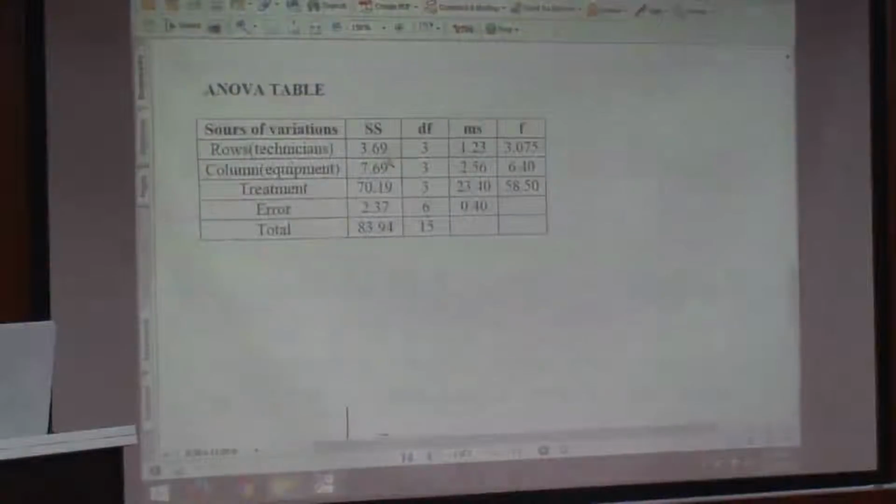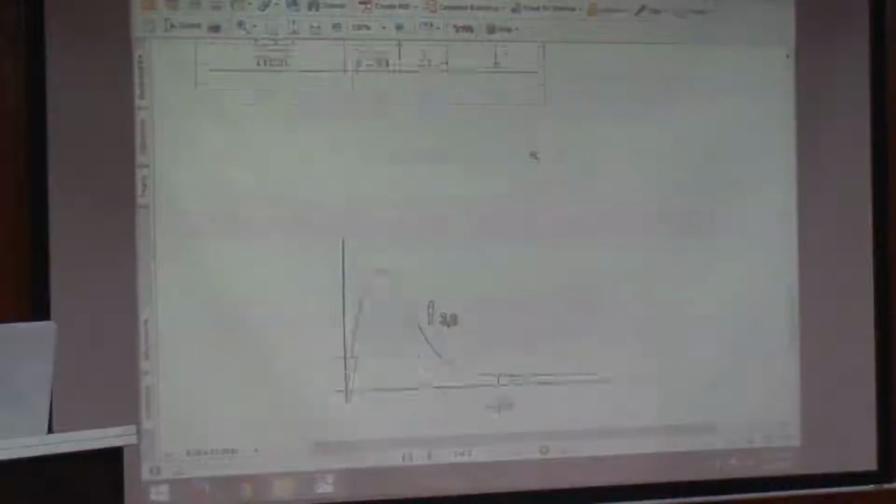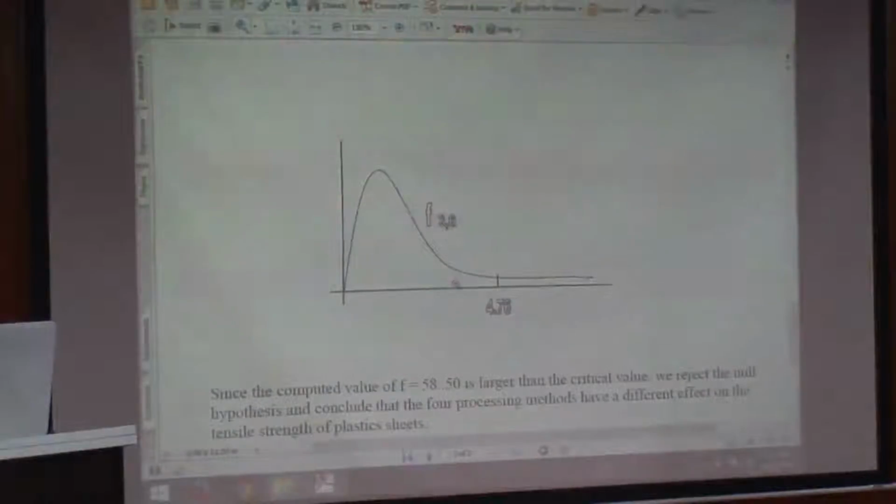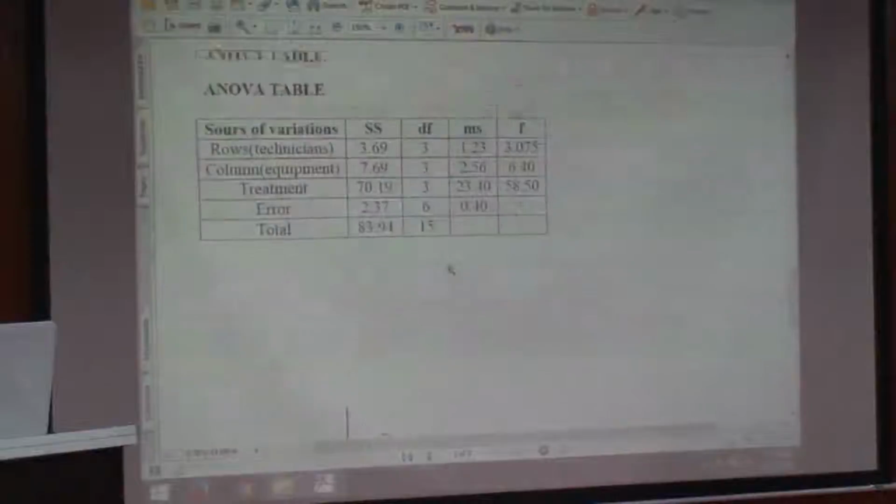Now, we are also interested to know whether there's a technician effect or not on the tensile strength of plastic. So we look at the F for the technician, 3.075, and compare with the critical value, 3. Here, the value is in the acceptance region, meaning that we fail to reject H0. So there is no technician effect on the tensile strength of the plastic.